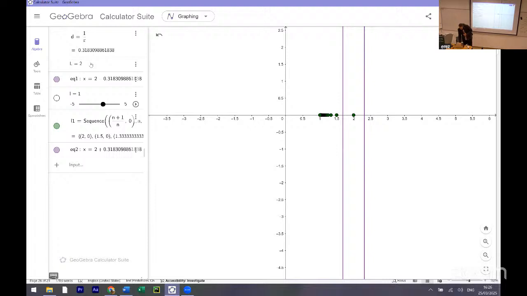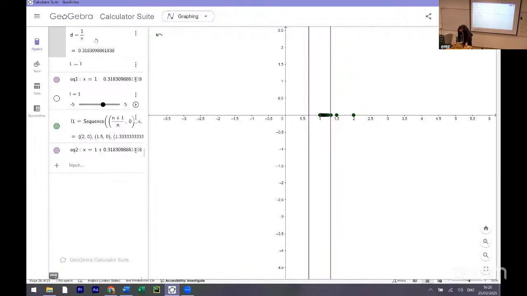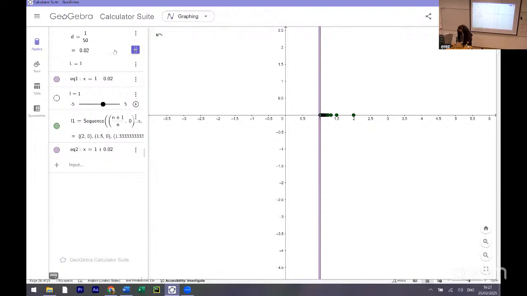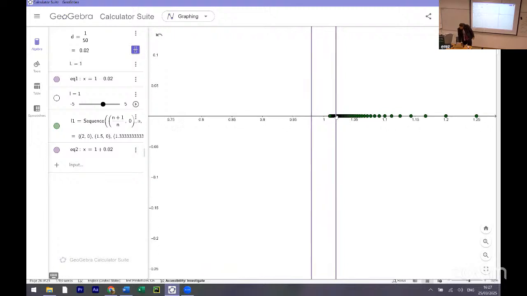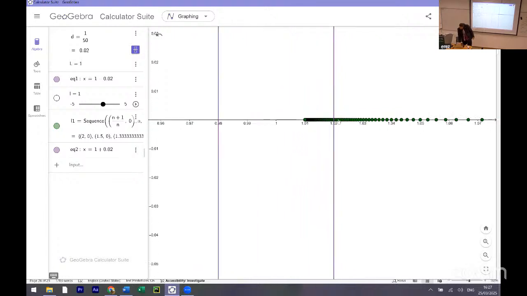But if I go again to L equals 1, here it doesn't matter even if I take 1 over, I don't know, 50. It's small, however, there exists such an index that after this index, all of the elements are within.